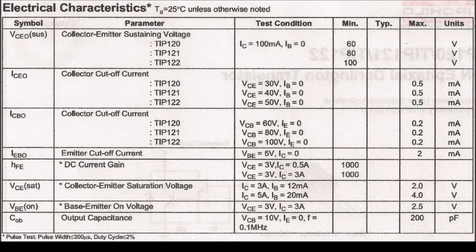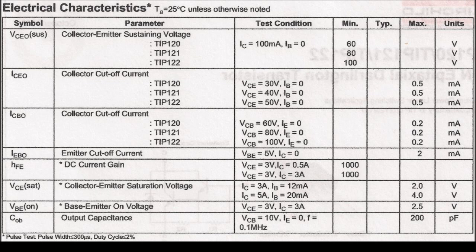It doesn't mean that every transistor actually will, because they do vary from transistor to transistor. But the DC current gain here shows you how many times the current will increase based upon the current that's going through the base. And this is how much current you can control. Now, it will vary according to the voltage and the current being applied to the transistor.